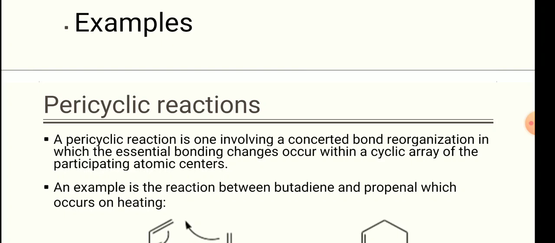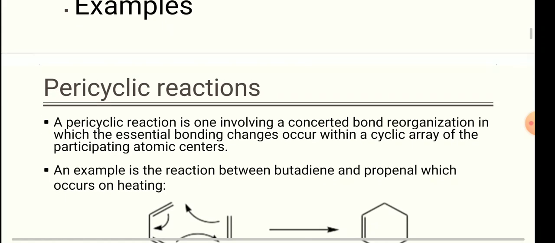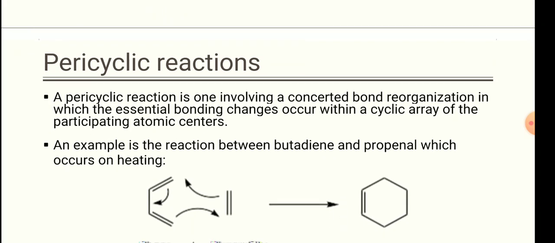So if we go to the definition, here you will find that a pericyclic reaction is one involving a concerted bond reorganization. Concerted, here students, means at a time, there's no delay.